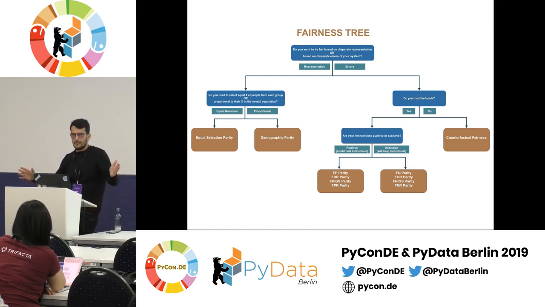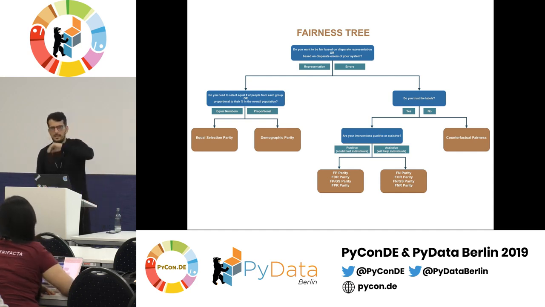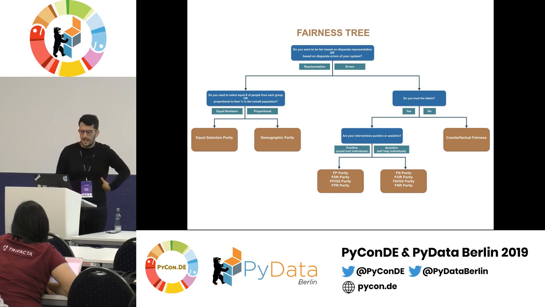But let's assume you trust the labels. Then the real question is, are your interventions punitive or assistive? If they are punitive, this is just the list of metrics that I told you before. If they are assistive, these are the other metrics. And this is really about narrowing down the scope.